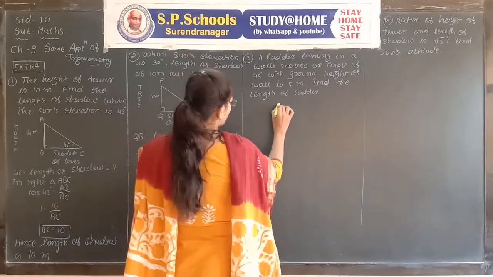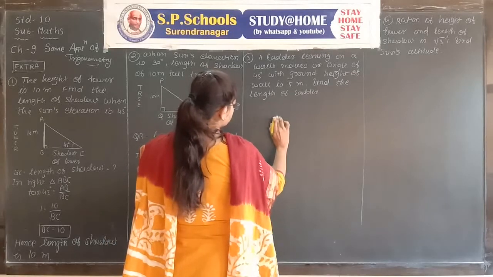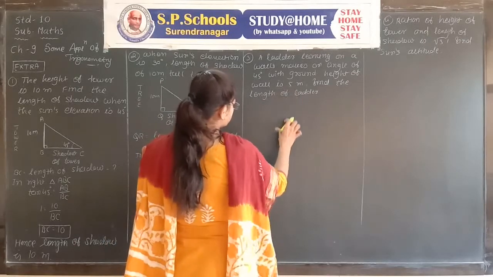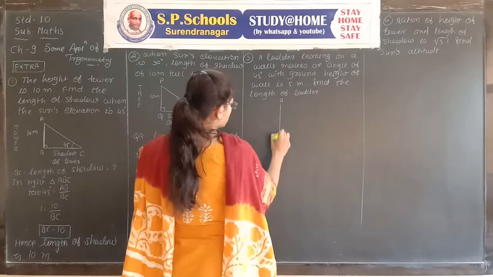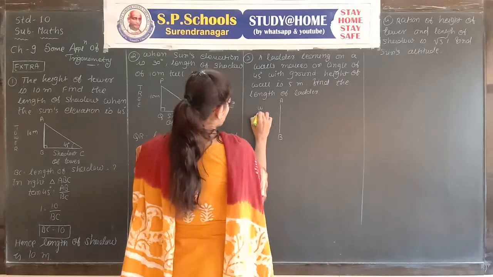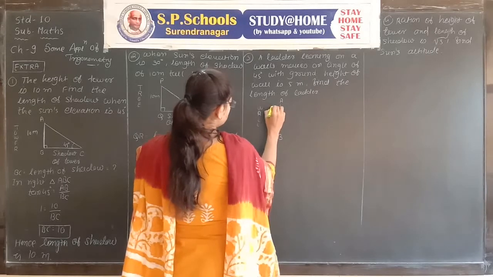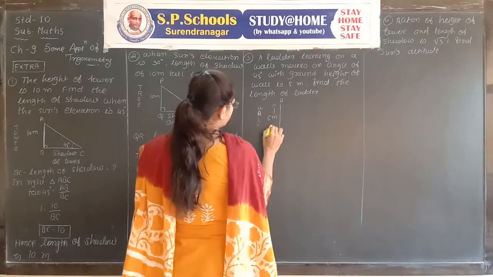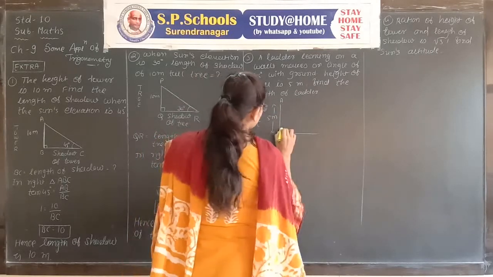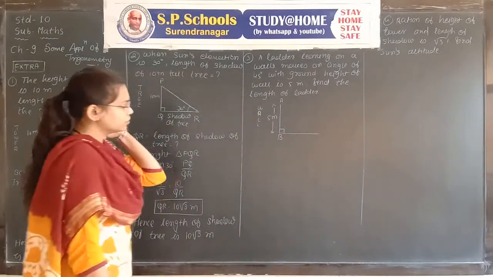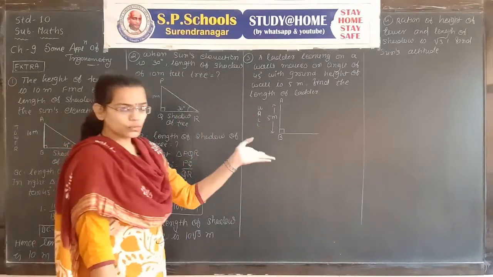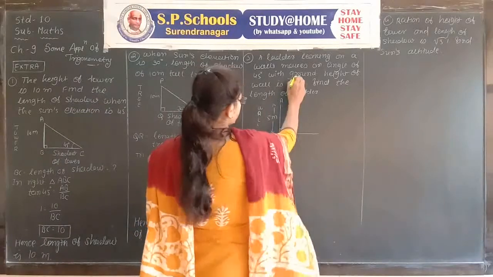First draw a wall. Wall AB is vertical to the ground. Height of the wall is 5 meter. It's vertical to the ground. A ladder leaning on the wall makes an angle of 45 degree with the ground.